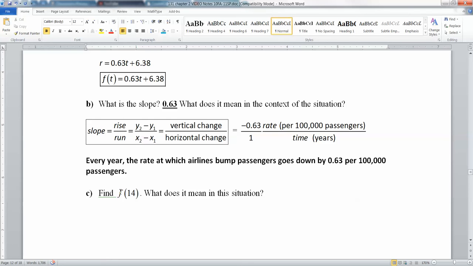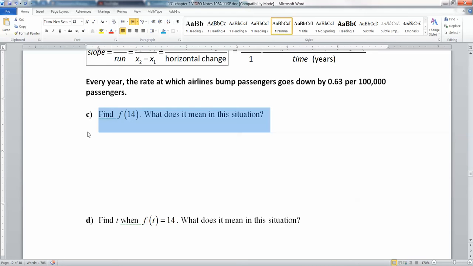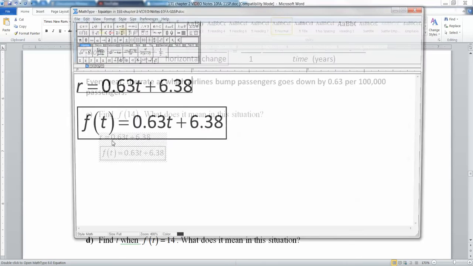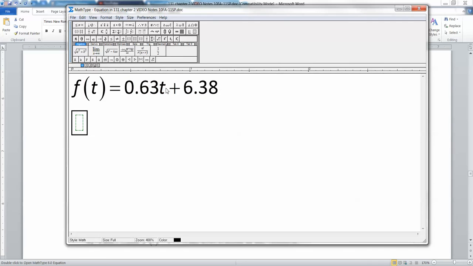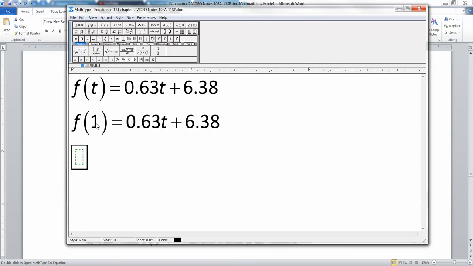All right, now let's find f of 14 and what does it mean? Okay, well remember we already found our function to be f of t equals negative 0.63t plus 6.38. So if I want f of 14, where there was a t, see how t got displaced? T turned into 14 right there. So this t has to turn into 14.